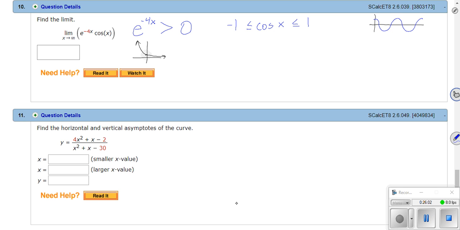So now, if I kind of distribute, if you will, this is maybe bad terminology, but if I take this function and multiply it by all three of these, then I get negative e to the -4x, which is less than or equal to e to the -4x times cosine x, which is less than or equal to e to the -4x, because anything times 1 is itself.